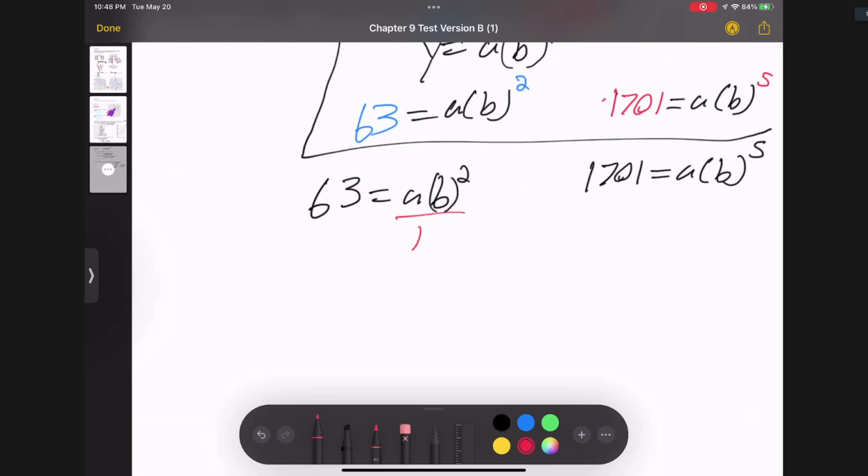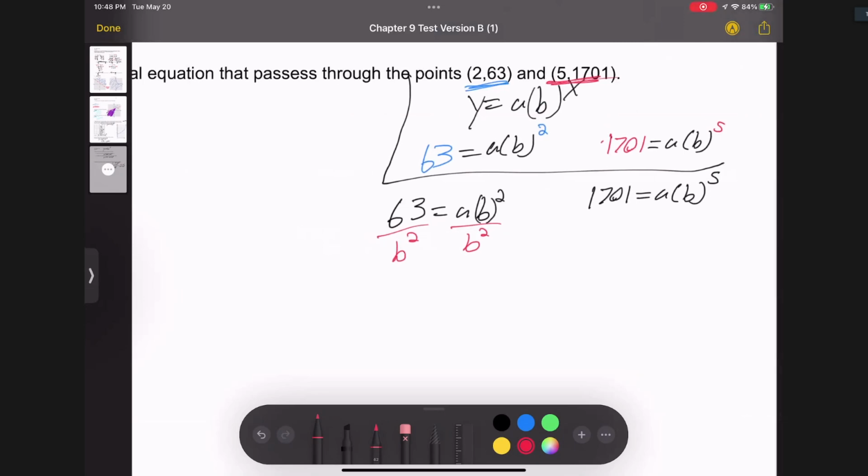Divide by b squared on both sides, and divide by b to the power of 5 on both sides. We will have a is equal to 63 divided by b squared, and a is equal to 1701 divided by b to the power of 5.